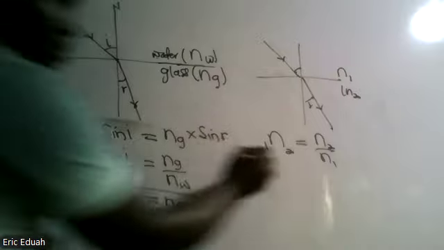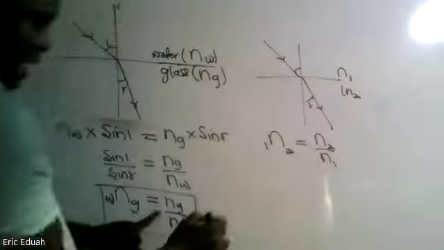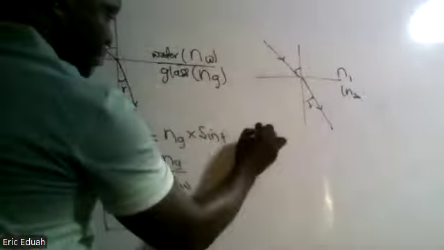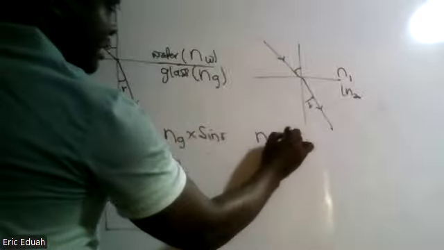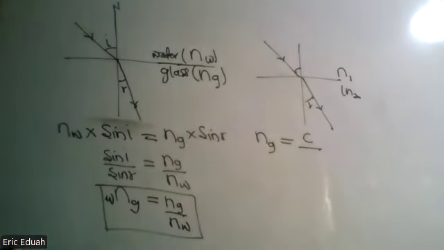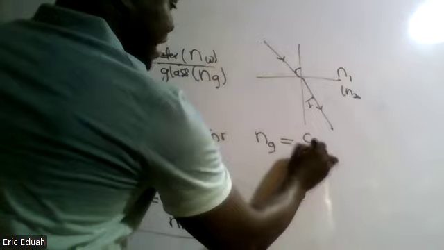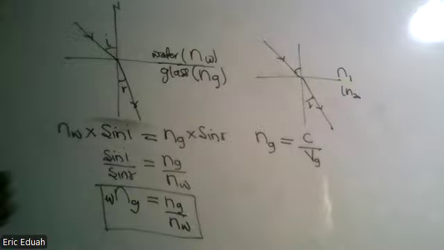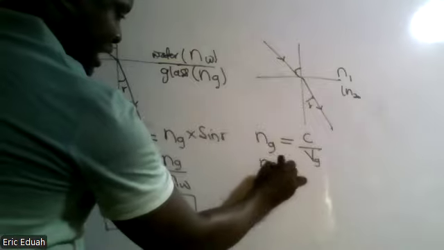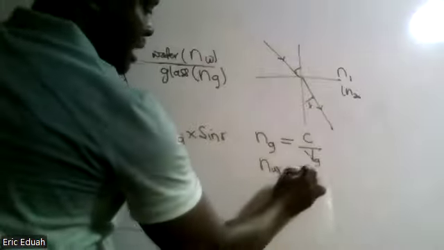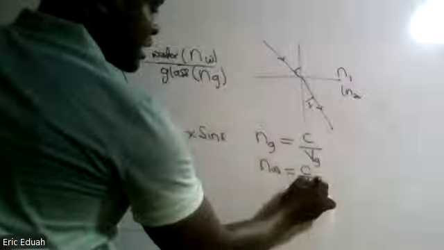The absolute refractive index of glass, mu of glass, is equal to the speed of light in air divided by the speed of light in glass. Then the absolute refractive index of water is the speed of light in air divided by the speed of light in water.